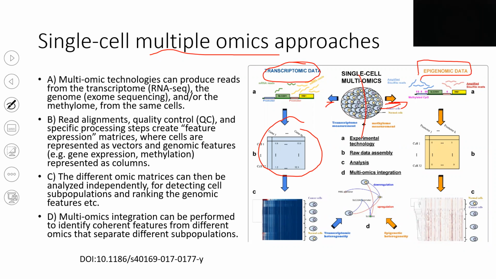The single cell ATAC-seq approach, for example, can give you information about each individual cell's open chromatin structure and the promoter openness, some kind of signal. So you get two matrices and assume they are from the same population.